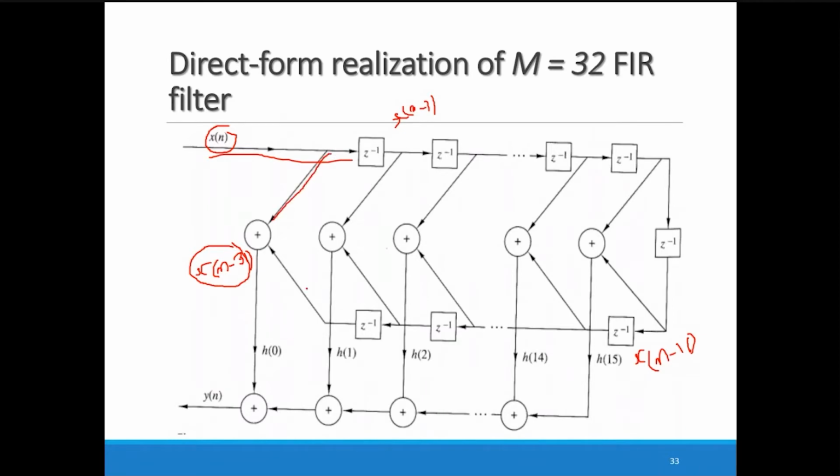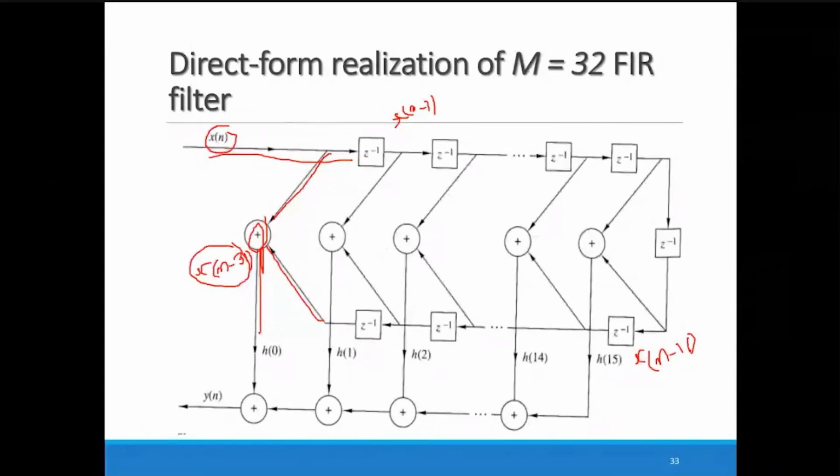So both are added at this place and multiplied with the same coefficient. Instead of two multiplications, one for x of n and another for x of n minus 31, we use a single multiplication with h0. So instead of 32 multiplications, divided by 2, a total of 16 multiplications are needed.